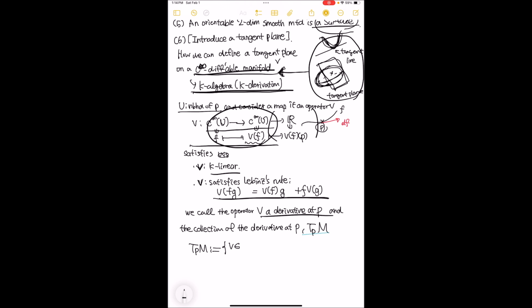Based on this notation, we explain based on K-linearity like this.